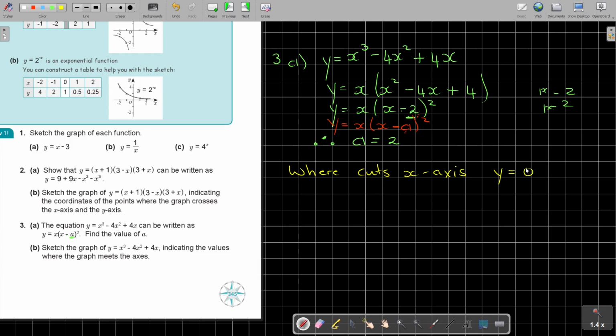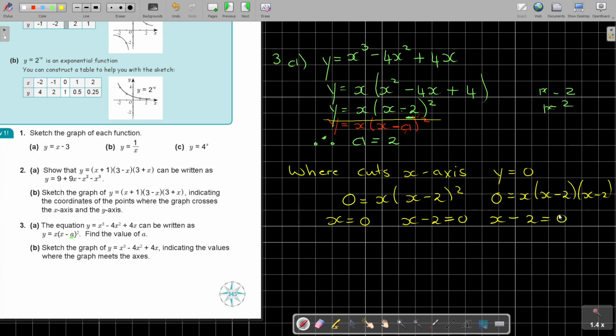Okay, now let's do that. So we have 0 equals x minus 2 squared. So I can say it's either x that's 0 or x minus 2. Now it's squared, but it's going to be the same. It's actually like 0 equals x minus 2, x minus 2. So you can say it's either x minus 2 or it's just going to give you the same value. Okay, maybe it's a bit silly written out but it's more for understanding.